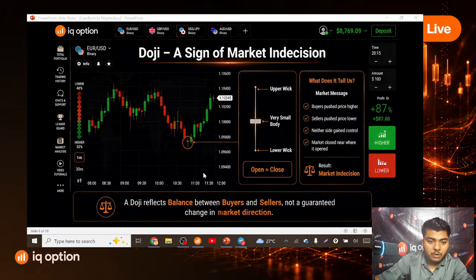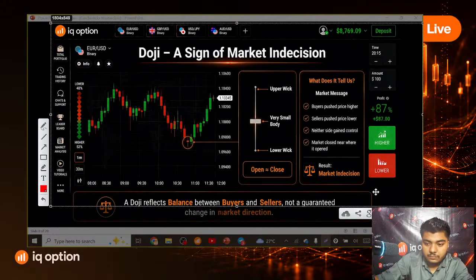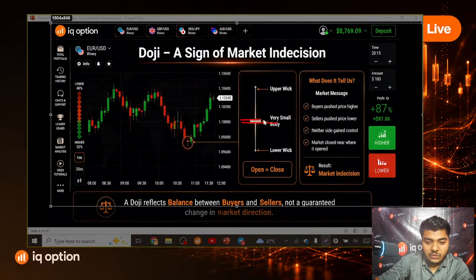Our next topic is the doji candle. This is a very good concept. A doji candle simply means a sign of market indecision. On the screen here, if you notice, the price started here and closed here.